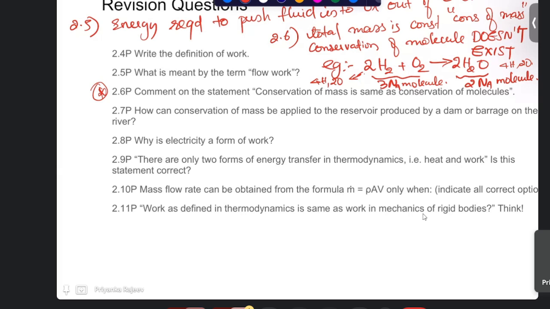Now next up is how can conservation of mass be applied to the reservoir produced by a dam or barrage on the river? The equation you can write is the summation of exit minus summation of inlet, Σm_e − Σm_i, equal to dm_cv/dt. Summation means there will be multiple inlets and exits for dams.